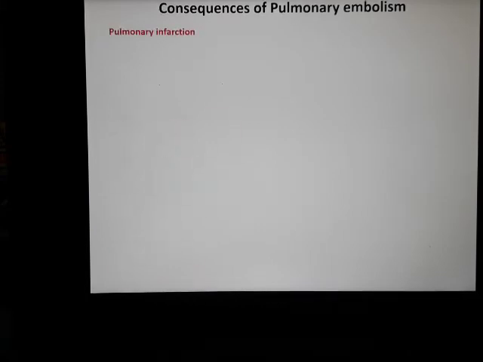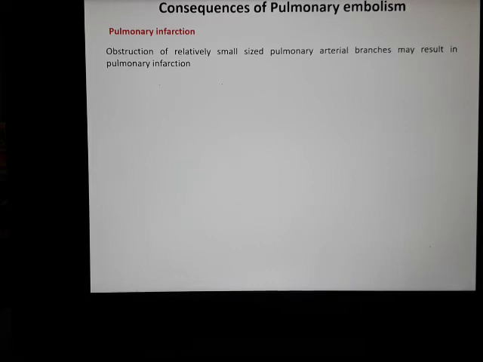Now coming to the third consequence, pulmonary infarction. That means if there is obstruction of relatively small pulmonary arterial branches, that may result in pulmonary infarction. So what are the clinical features? There may be chest pain due to fibrinous pleuritis.